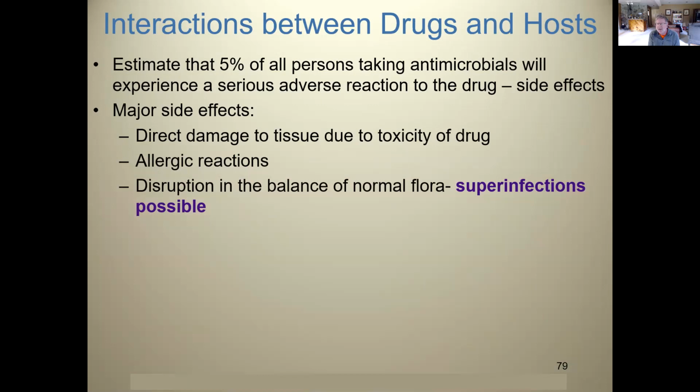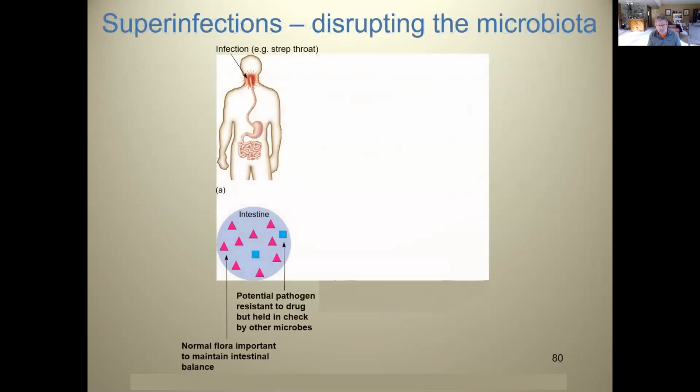So when we disrupt the normal balance within normal microbial natural populations, we can have side effects. They're called superinfections. So let's talk a little bit about how this works.